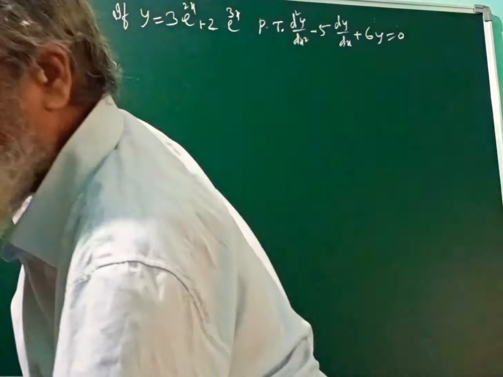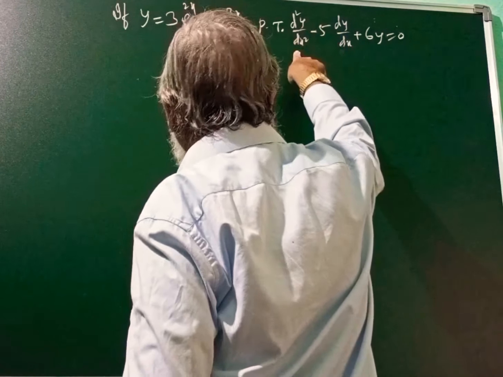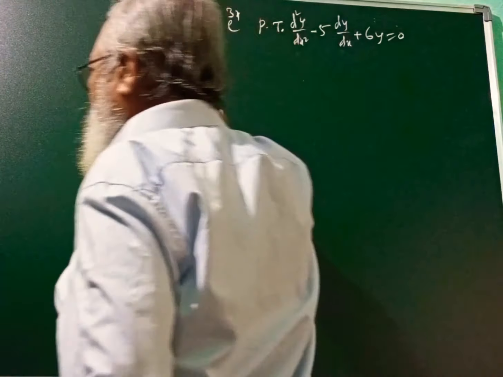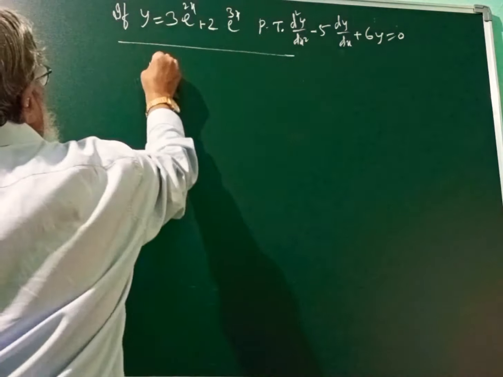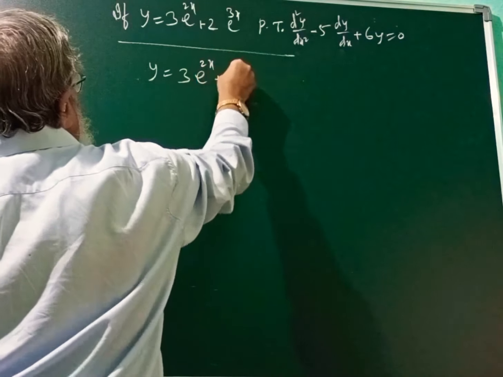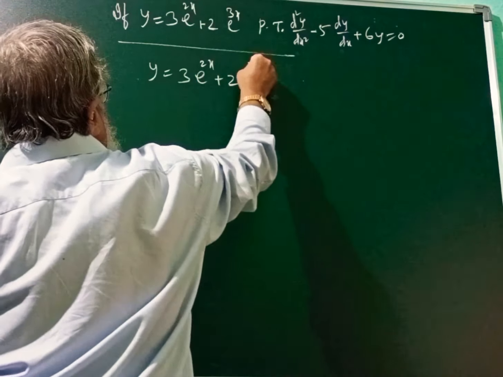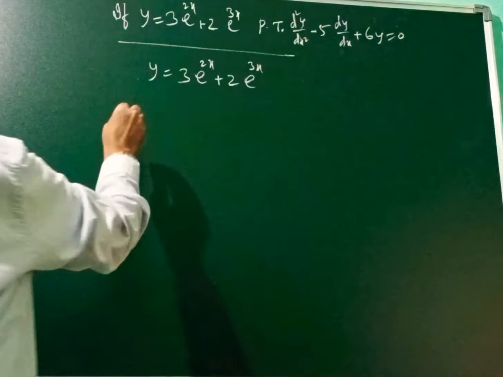So we know this equation contains dy by dx and double differentiation also. So let us take the given problem, y is equal to 3e raised to 2x plus 2e raised to 3x. Now differentiate with respect to x.